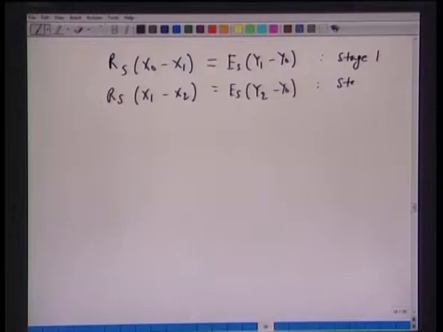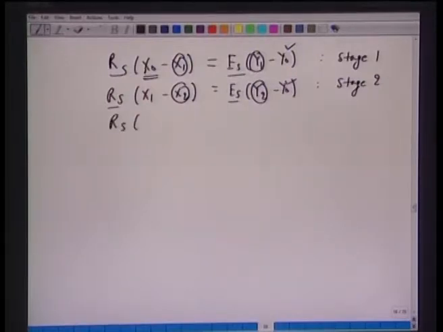This is stage 2. Similarly, we write the equation for stage 3 as Rs (x2 minus x3) equals Es (y3 minus y0). So stage 3.